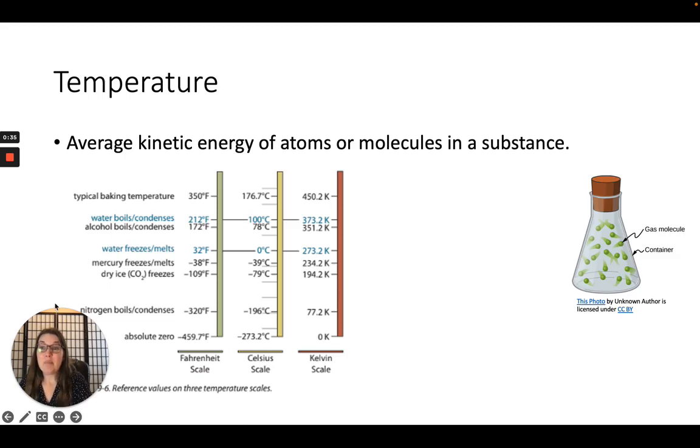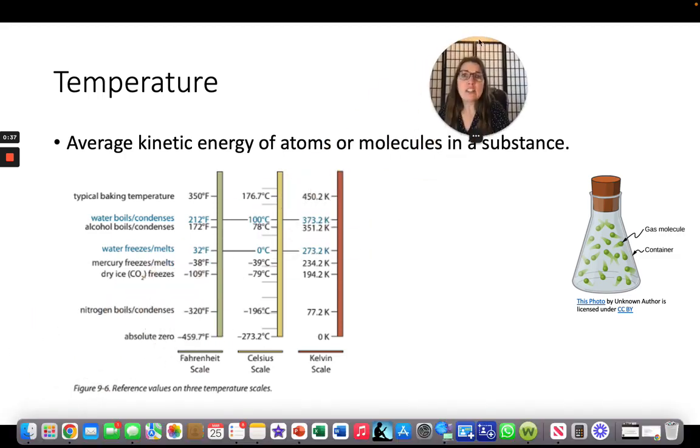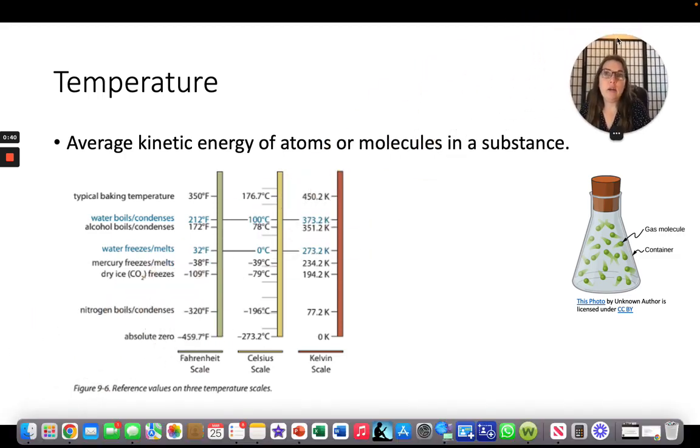Let's talk about temperature. We've already talked some about temperature in our unit on convection, conduction, and radiation. So you probably remember that temperature is the average kinetic energy of the atoms or molecules in a substance. And over here I put a little cartoon of an Erlenmeyer flask with the atoms drawn out, and you can see that they are in motion, moving really fast, and bouncing against the edges of the container.